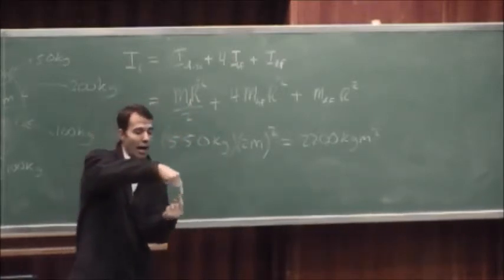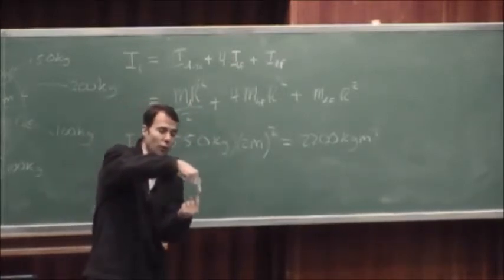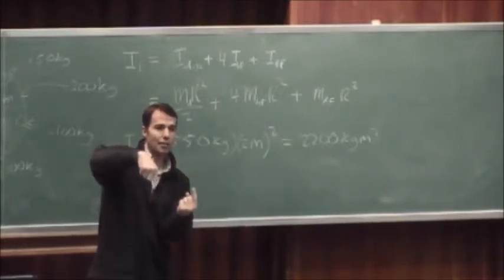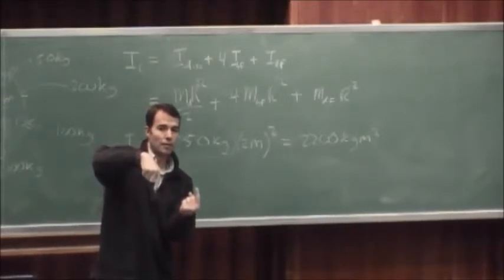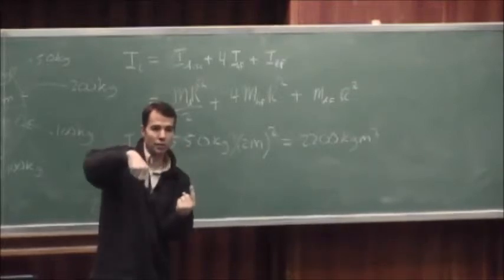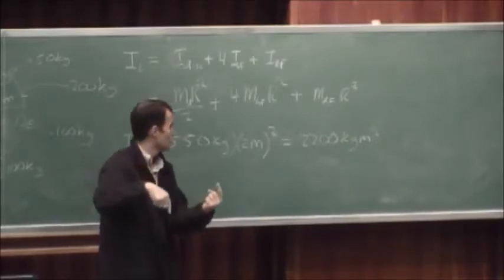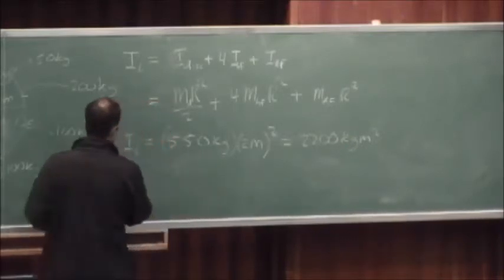Okay, so if 1 revolution takes 3 seconds, how many pi per second do we have? Well, it takes 2 pi to do 1 complete revolution. And so what we're interested in is the angular frequency, right?